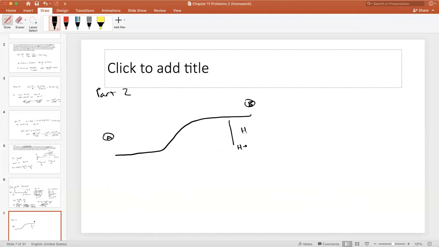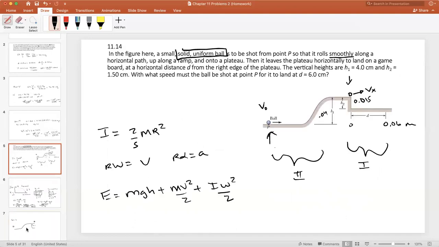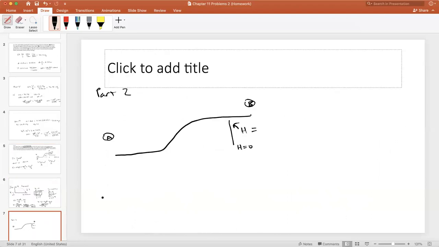So H is 0, H at the top was 0.04 centimeters. So this is 0.04 meters. So I have a change of height of 4 meters at B. And all I have to do is note that E at A is equal to E at B, assuming there's no other forces acting besides gravity.